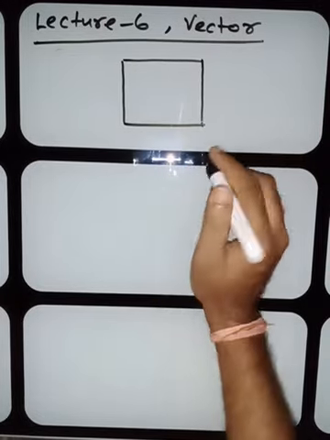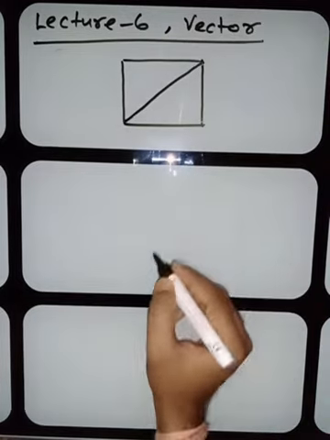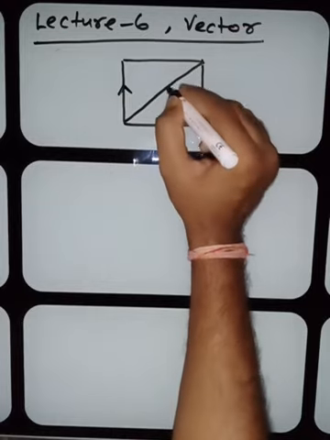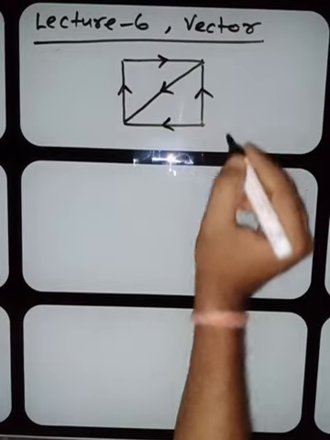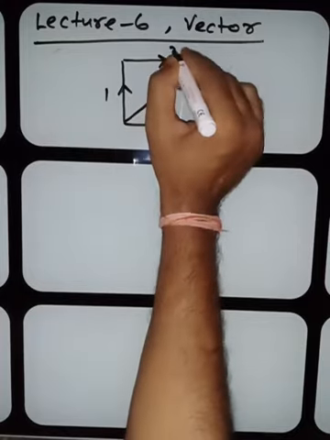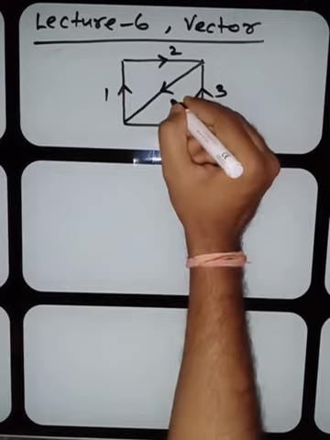This is a square, and the diagonal I am using as a vector. These are vectors 1, 2, 3, 4, and this diagonal is vector 5.